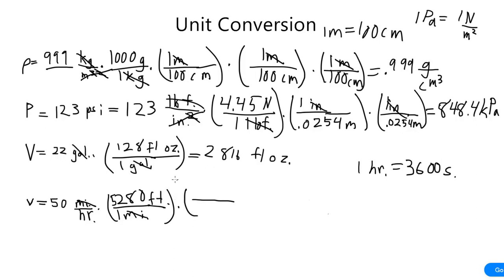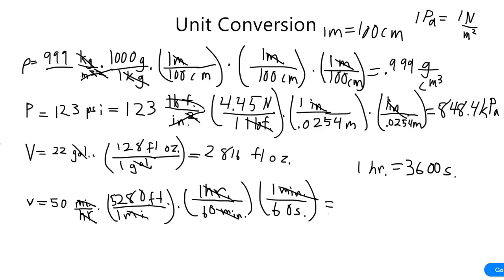But anyways, 1 hour is going to have 60 minutes in it, and 1 minute is then going to have 60 seconds. So as you can see, you can just jump straight to this just because it's 60 squared. But if it helps you to write everything out, then write everything out. So hours cancels with hours, minutes cancels with minutes, and then we're just left with feet per second in the end.